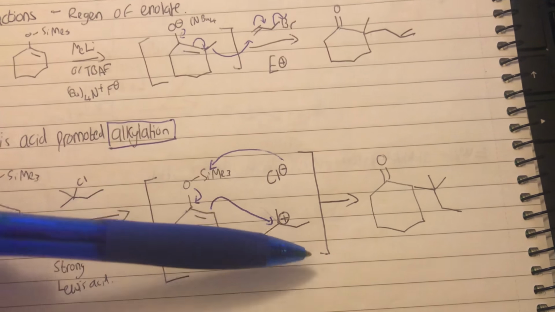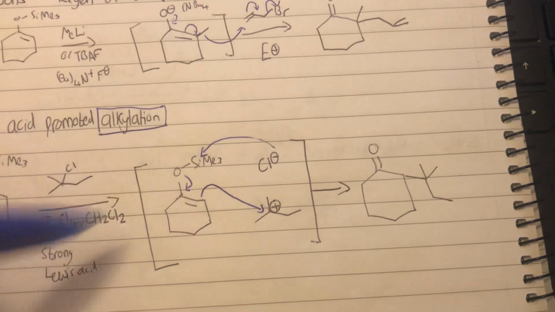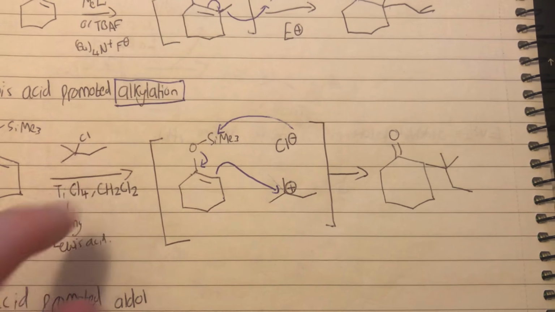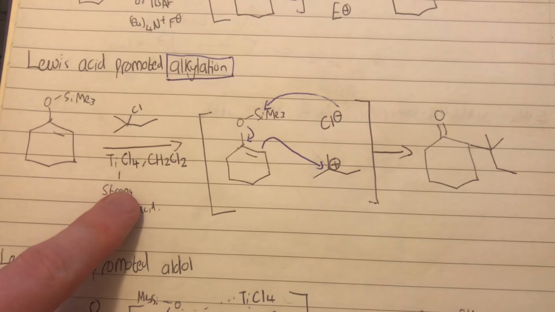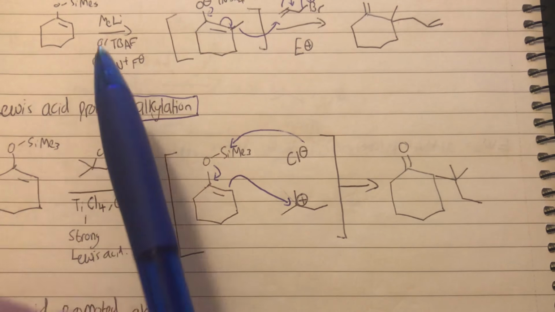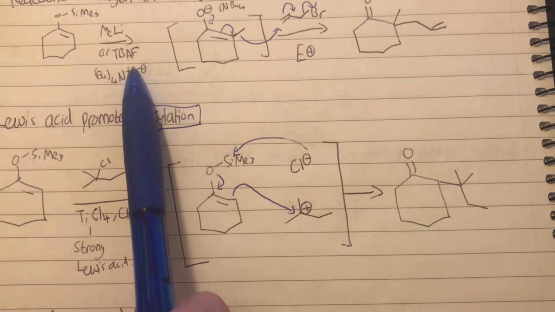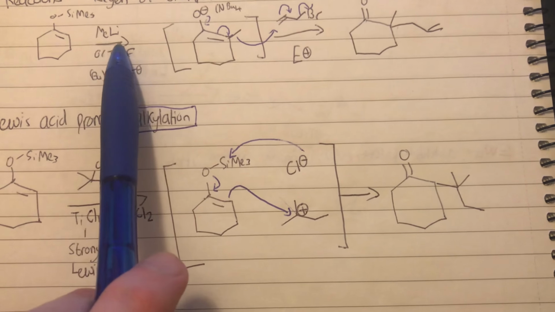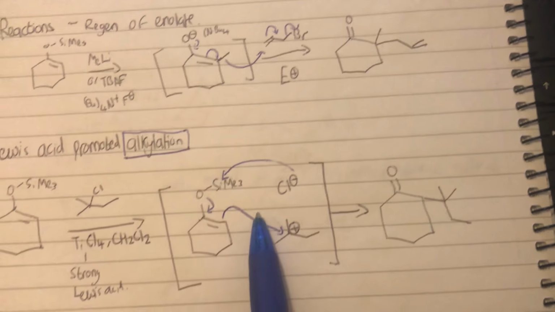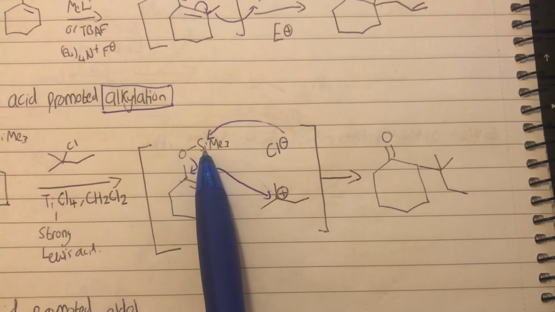Effectively, what we've got there is this without the chlorine. The acid is needed to remove the chlorine so that we can use it in this step, and as in the last step where F- or MeLi attacks the SiMe3, in this case chloride does.